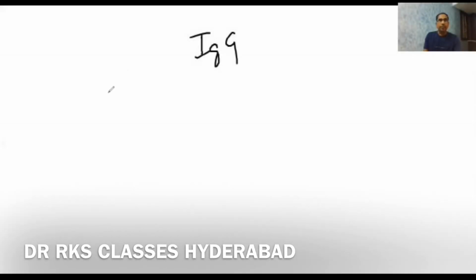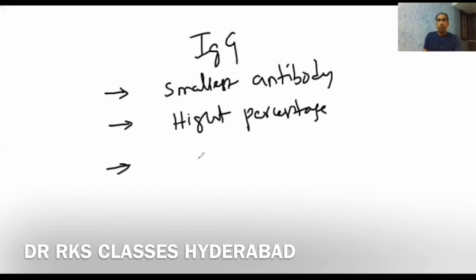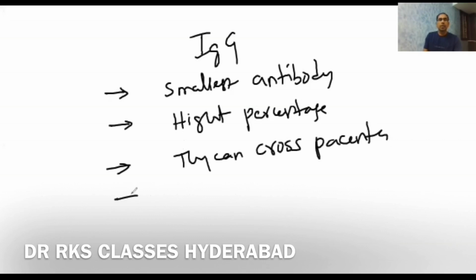Next, IgG. This is the smallest antibody with the highest percentage, and it can cross through the placenta. This antibody provides permanent immunity.